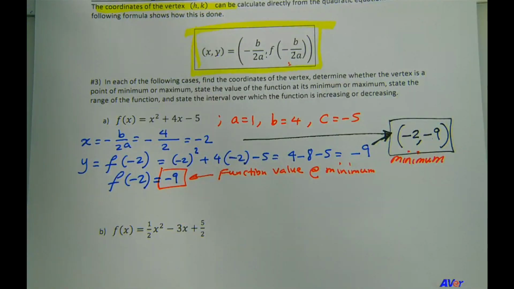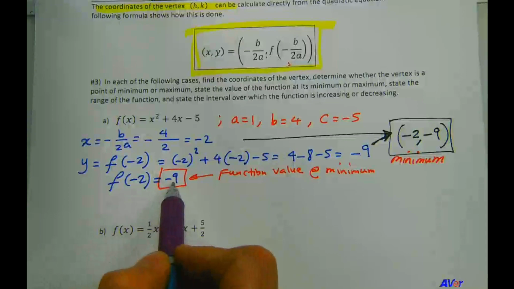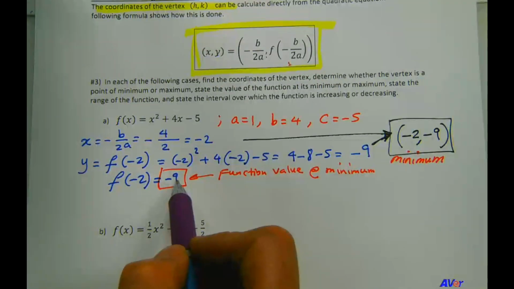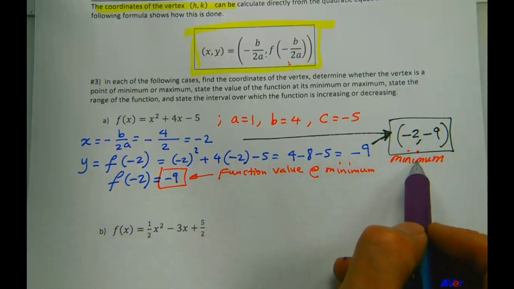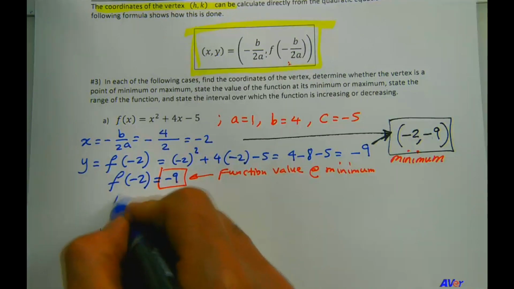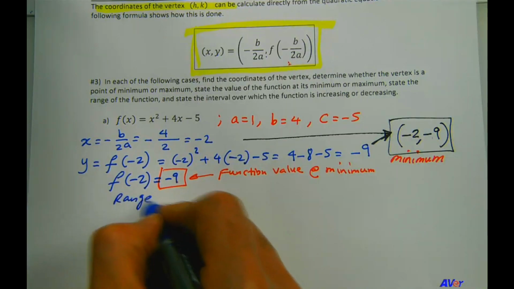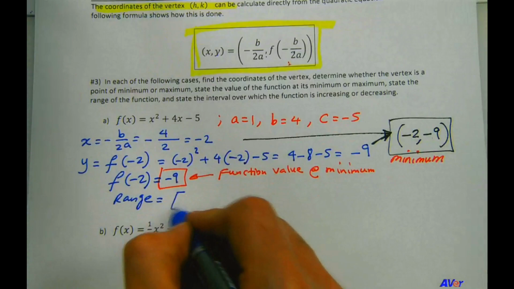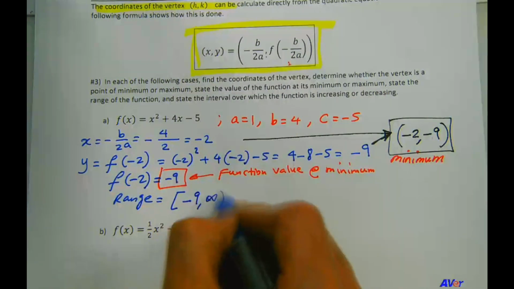The function value, not the x, not the independent variable value, but the function value. That range has to do with that. But we know it starts with this because this is a point of minimum. So the range is equal to [-9, infinity).